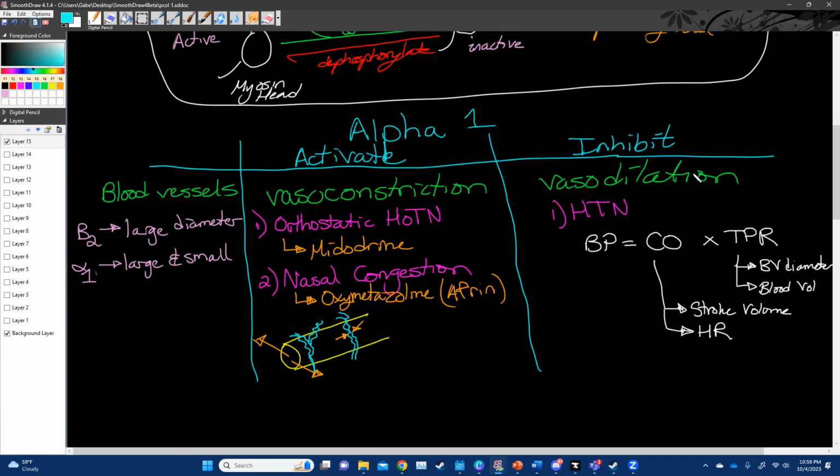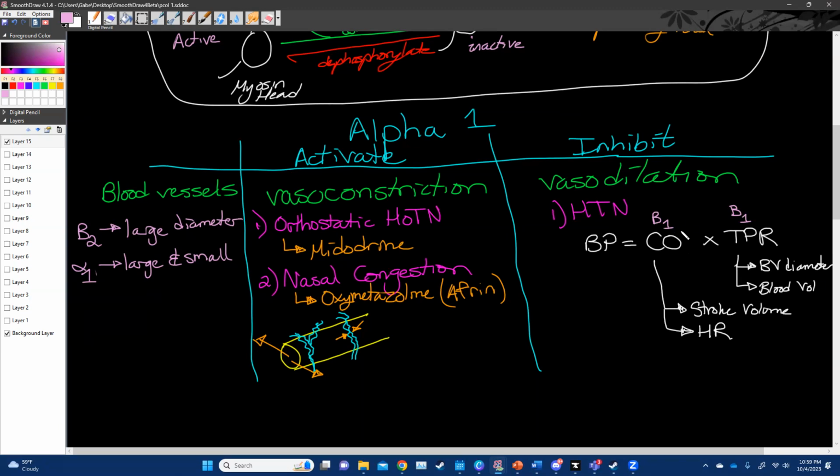So a beta blocker, beta 1 blockade, will occur on both of these parts to blood pressure, both the cardiac output and the total peripheral resistance.